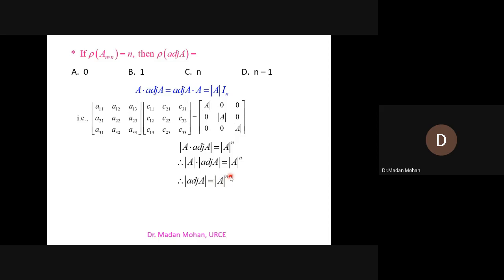When det A not equal to 0, automatically det A power n minus 1 also not equal to 0. Hence, determinant of adjoint A also not equal to 0. When determinant is not equal to 0, its rank is its order. Again, it is n cross n matrix. The order of adjoint A is also n. That's why rank is n. Because det A not equal to 0, automatically this is not equal to 0 from rank definition. The next one.